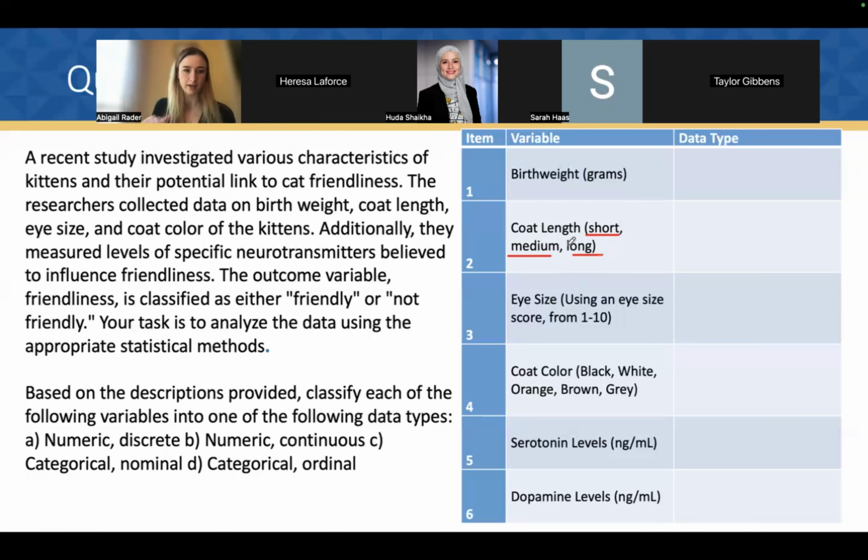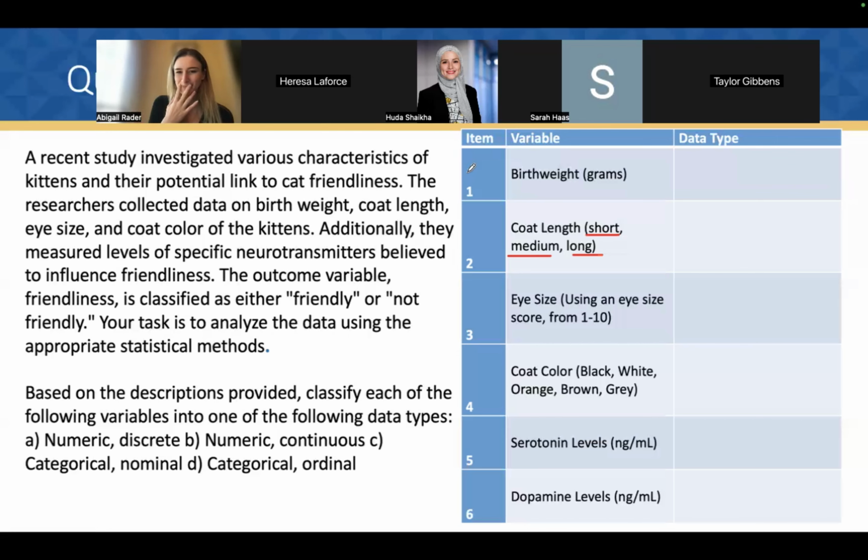In this example, we were told to compare between 2 different breeds of kitten. It's never going to be an ANOVA because we need 3 different groups for it to be ANOVA. Does that kind of make sense?